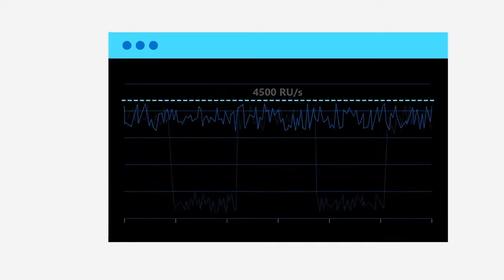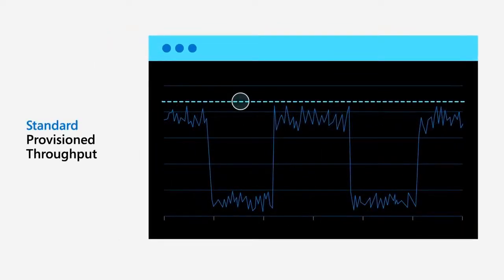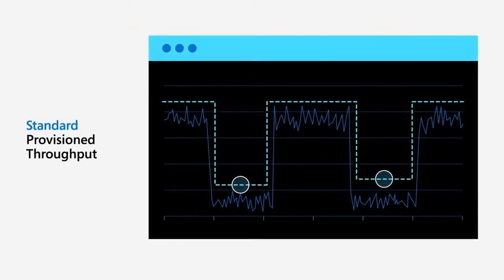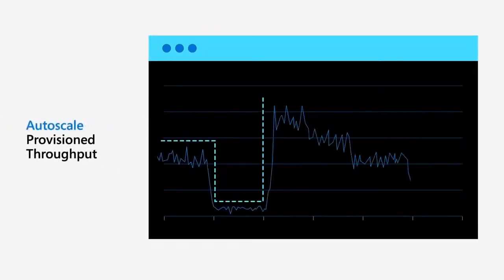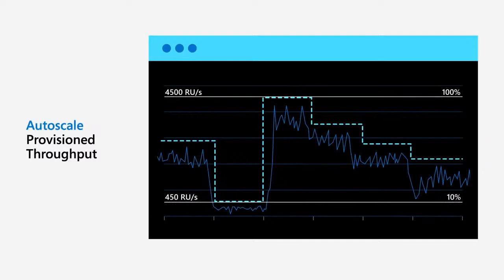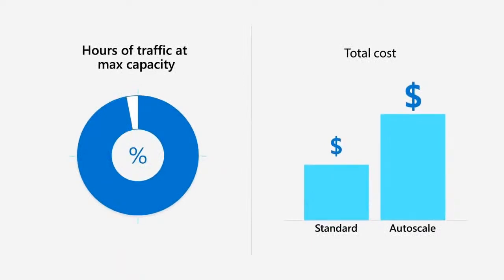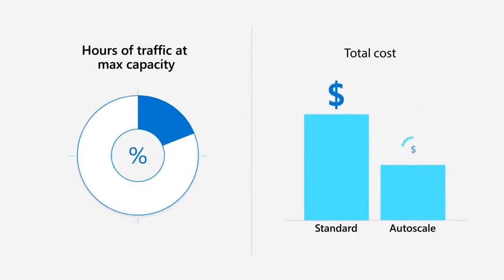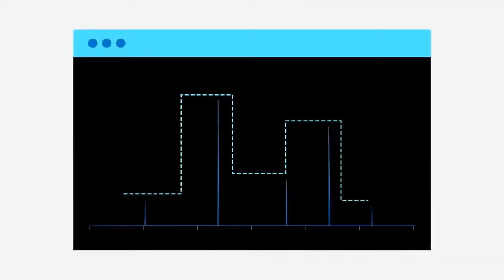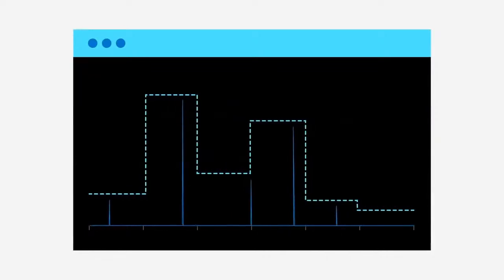If the traffic is predictable, you can use standard provisioned throughput to manually set and adjust capacity as needed. If the traffic is unpredictable, you can use autoscale provision throughput to instantaneously and automatically adjust capacity between 10 and 100% of your set limit. Autoscale becomes more cost-effective than standard when traffic is unpredictable and not close to maximum capacity most of the time. Provision throughput may not suit workloads with only occasional database operations and lower performance requirements.